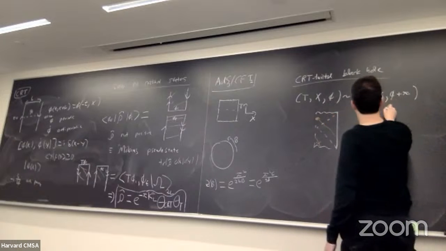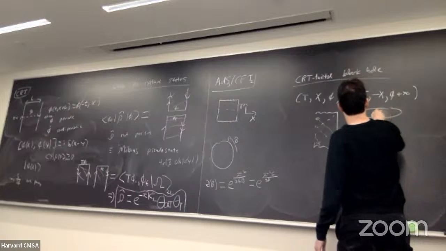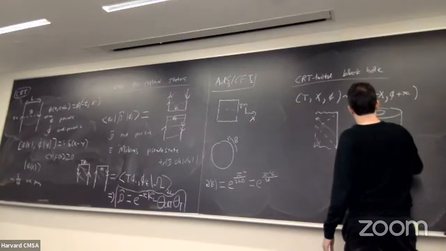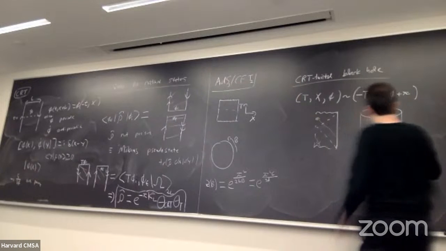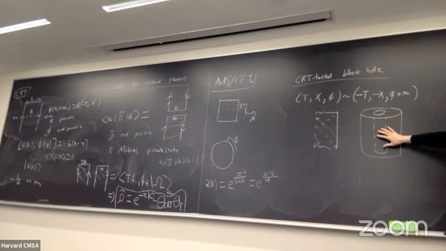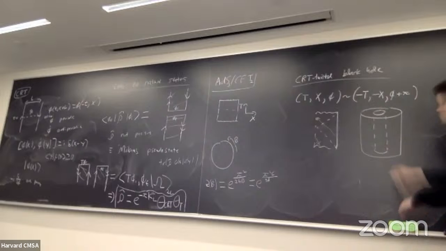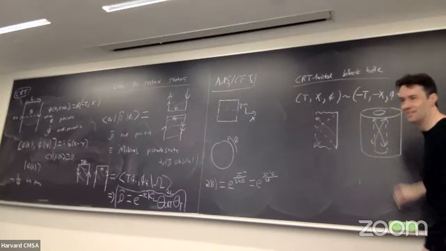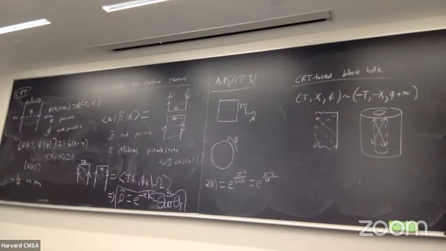You can also draw it. I can give a more accurate representation, so this now includes the circle. The geometry consists of the region in between these two cylinders, where the outer cylinder is the AdS boundary, the Lorentzian cylinder. But then at the inner cylinder, I do some sort of antipodal identification, both in space and time.